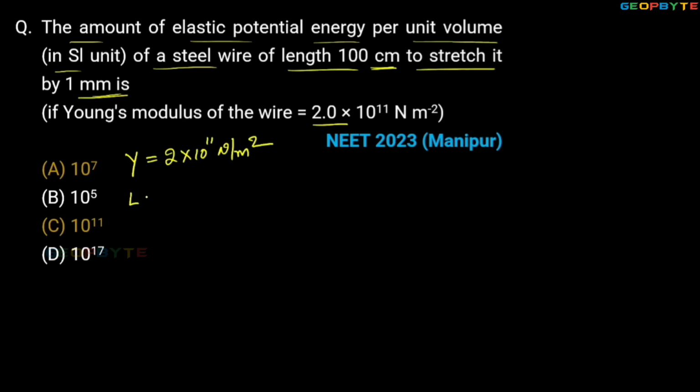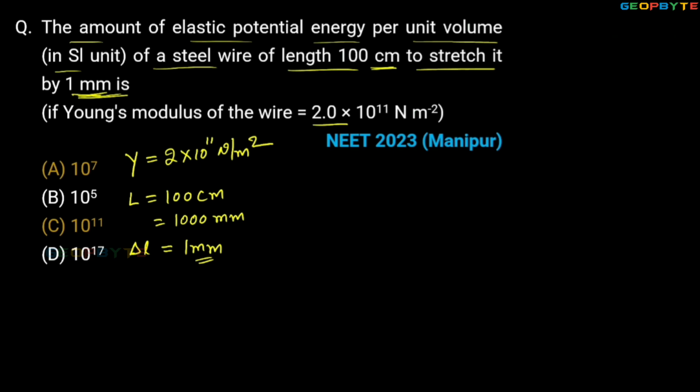The length L equal to 100 centimeters. It is equal to 1000 millimeters, because it is given the change in length delta L equal to 1 mm. Since change in length is given in mm, original length also taken in mm.